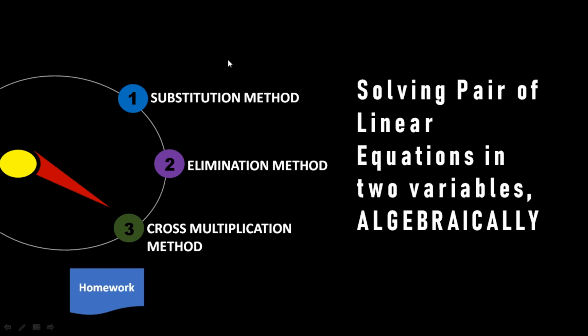The first one we use when at least one variable in one of the equations can be written in the form of the other variable without getting into fractions. Second, we use when the coefficients of at least one variable in both the equations have the same absolute value and can be eliminated conveniently. Cross multiplication we use when the coefficients are large numbers.